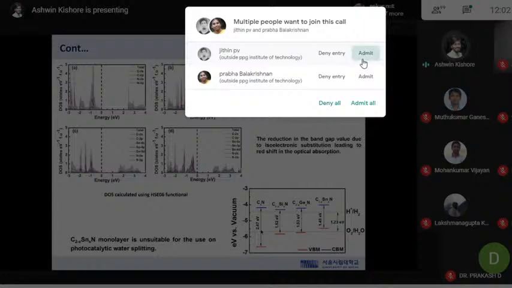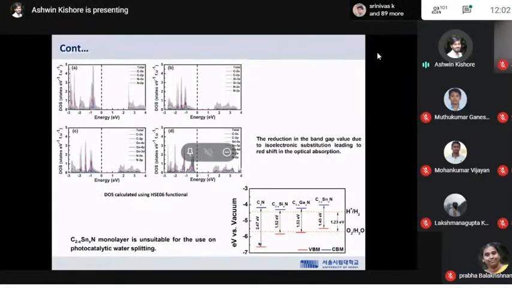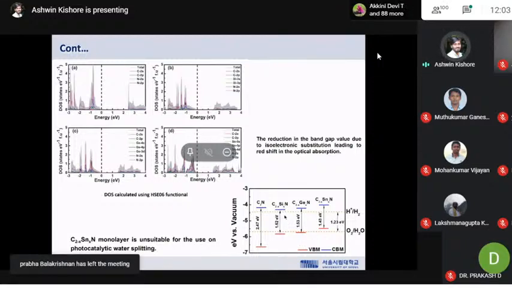So this creates a low driving force for the holes to transfer, which will make an imbalance between the reducing and oxidizing reactions. But in the case of the substituted systems, say silicon and germanium substituted, the band gap gets reduced.